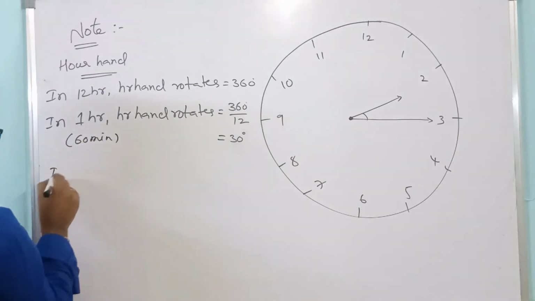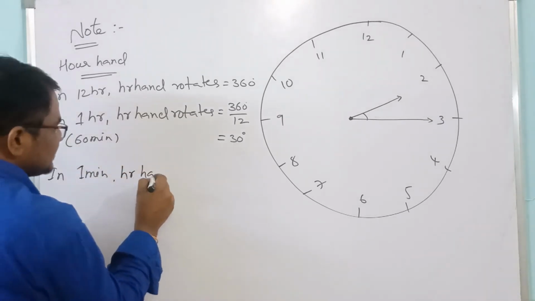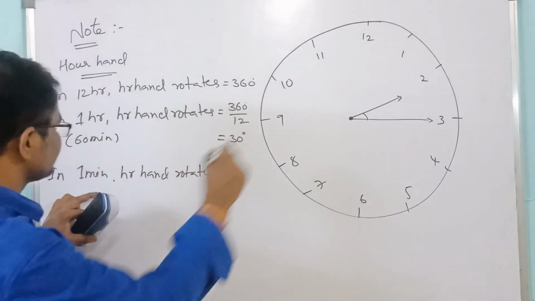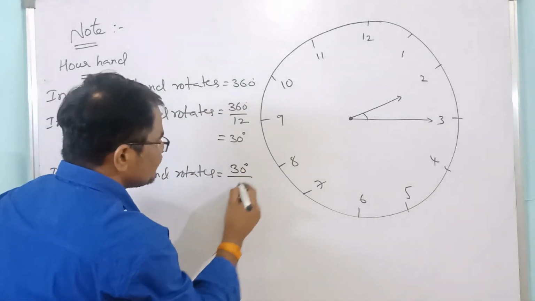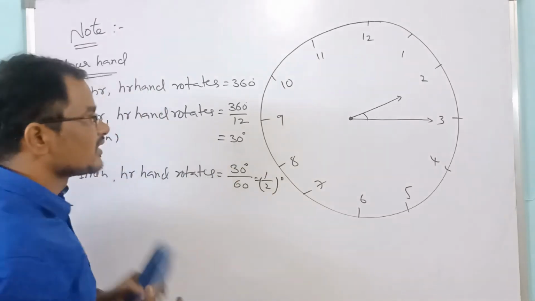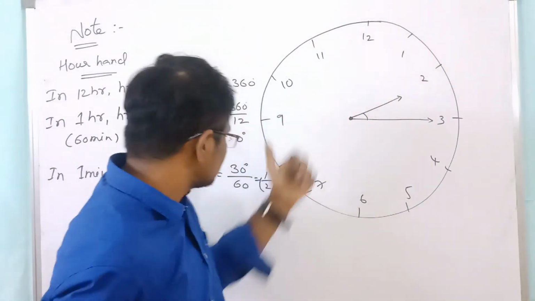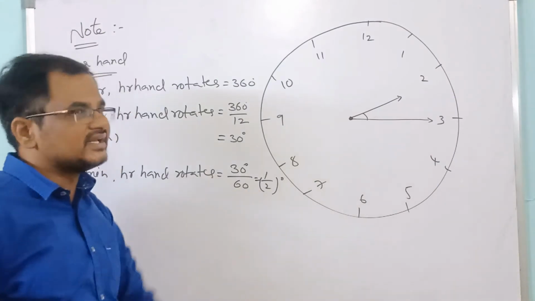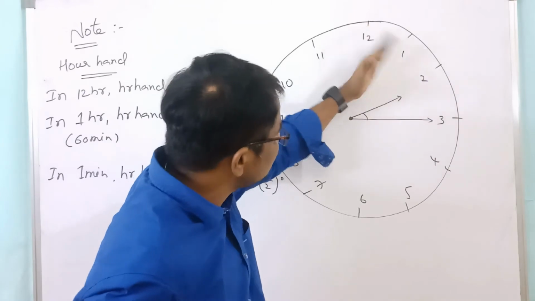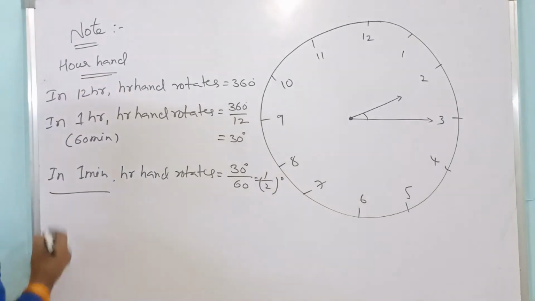So in 1 minute, how many degrees does the hour hand rotate? 30 by 60, that is half a degree. Listen carefully. 1 minute means half a degree. 1 hour 30 degrees, 2 hours 60 and 3 hours 90. So here to here is 90 only, no? So like that. This is about the hour hand. Next, the minute hand.